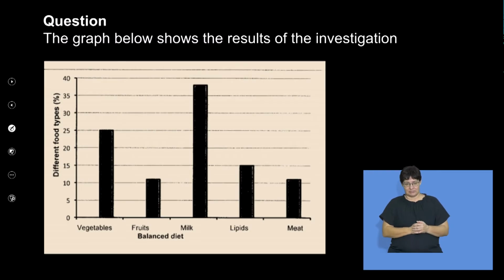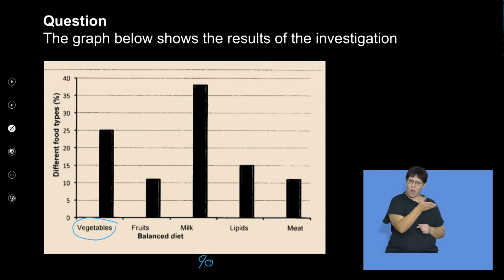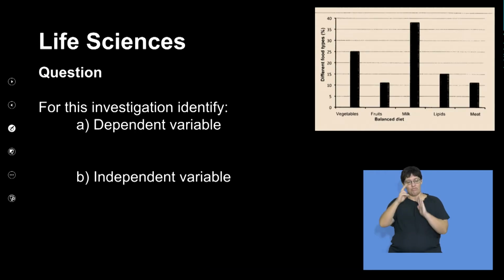Now here we have a graph, and we have different foods at the bottom, and it told us that there are percentages. So we are going to use this information. These are nice questions because the answers are here in front of us. We just need to be able to read from a graph. Okay, the graph is at the top corner. Let's see what the questions are.